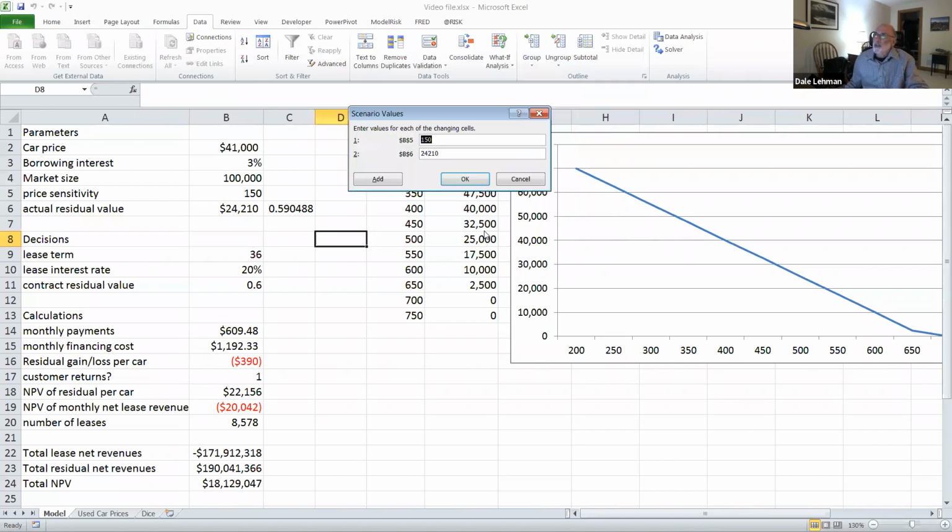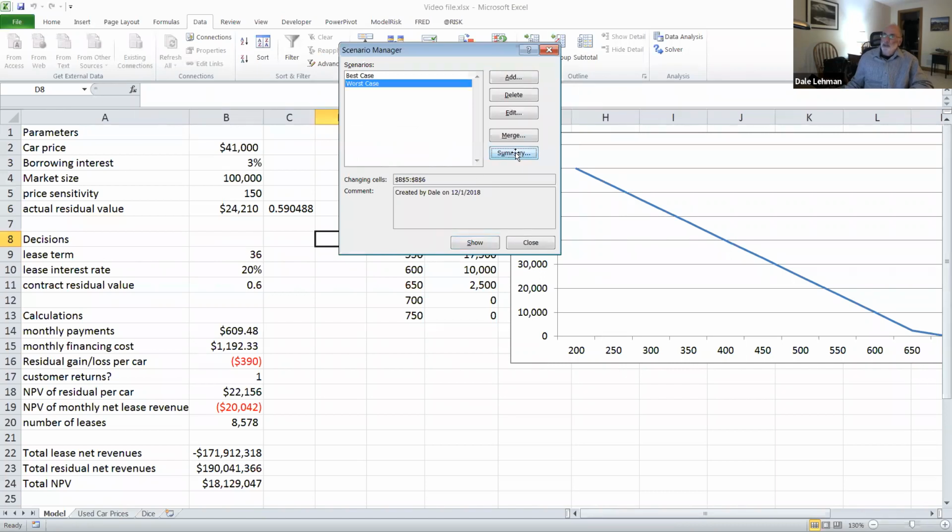Changing those same cells. Consumers could be more price sensitive, let's say 200 rather than the 150 in our base case. And the car is really pretty run down when it's returned, 17,700. Only about half the value of the best case.